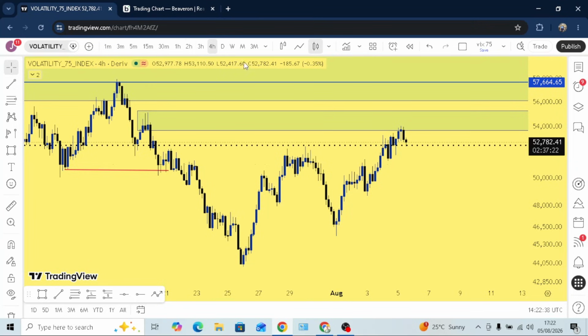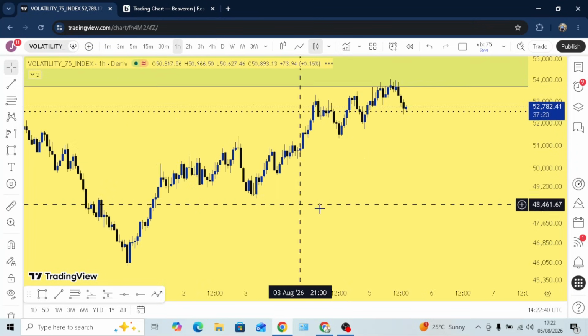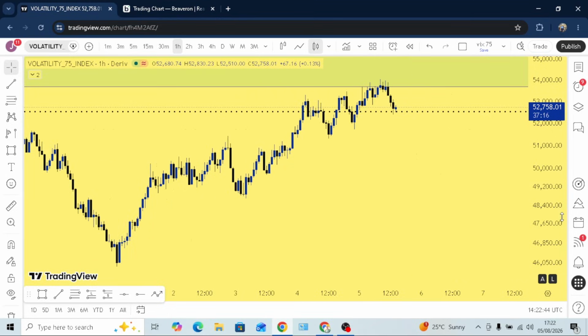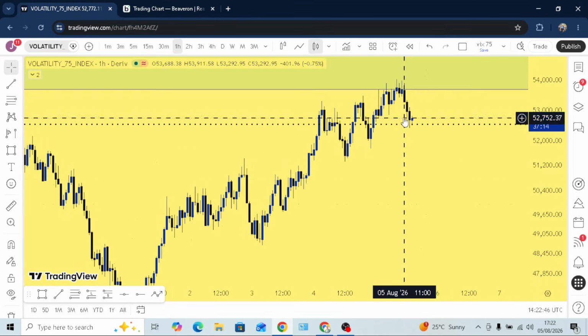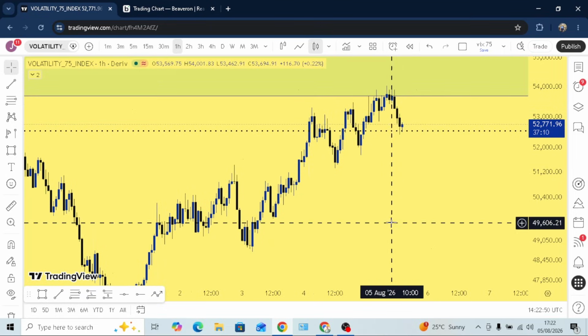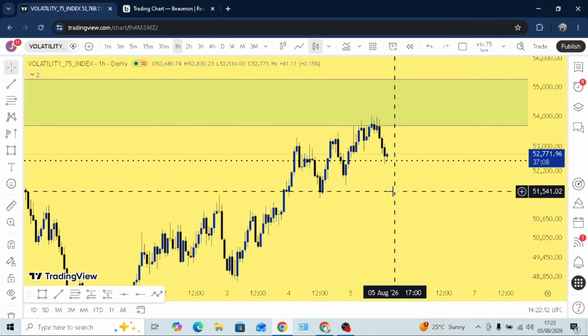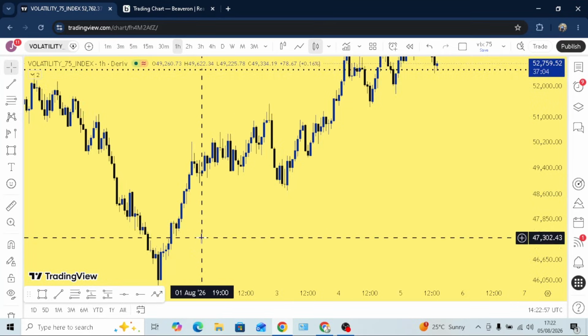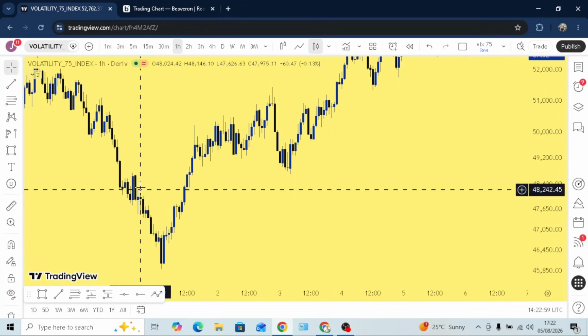So now from the 4 hours, I'd like to proceed to the 1 hour. On the 1 hour, as you can see, price is still very much bullish, in as much as we are getting a reaction from our 4-hour supply zone. You can see that price has been very much bullish ever since we got a break of this zone here.